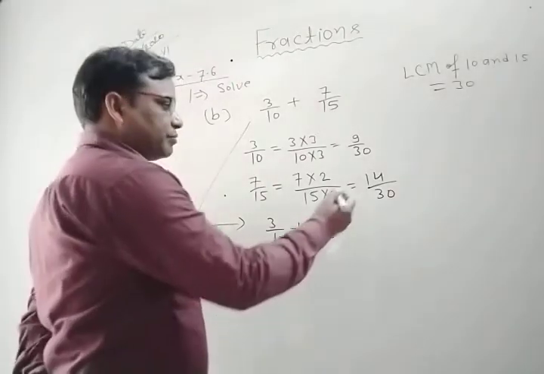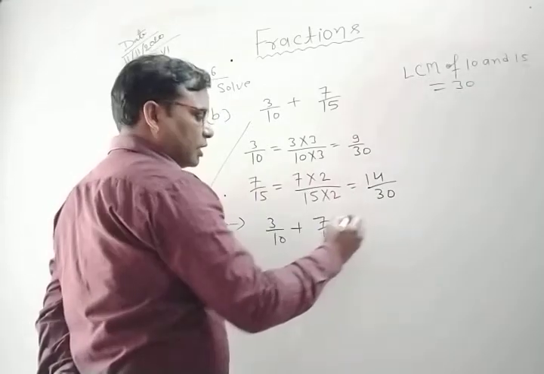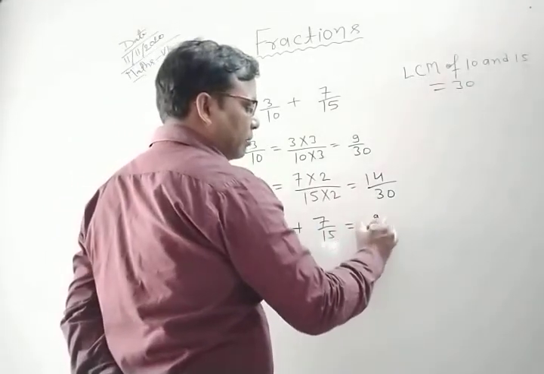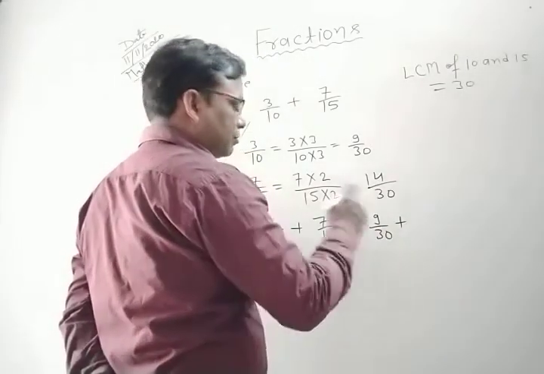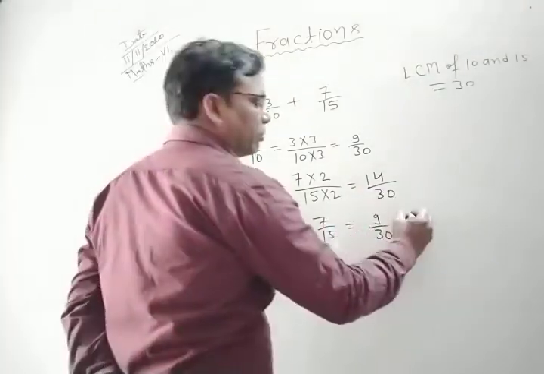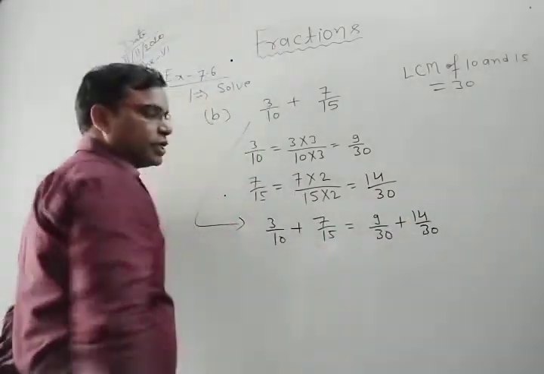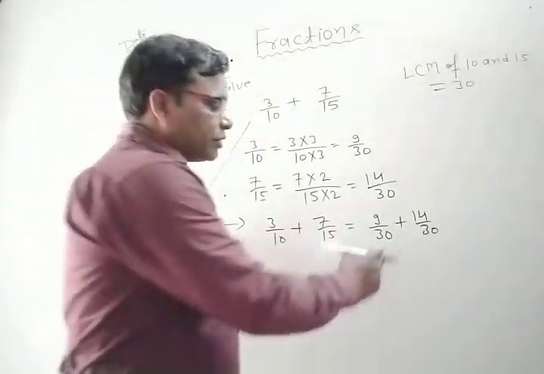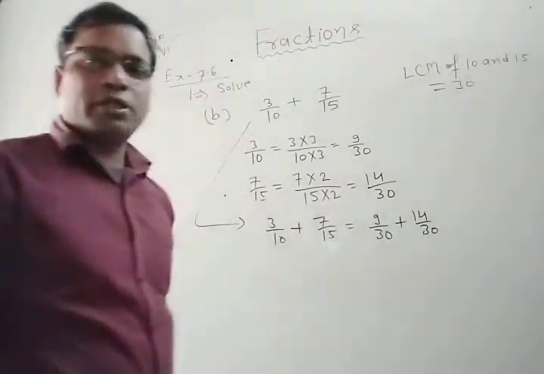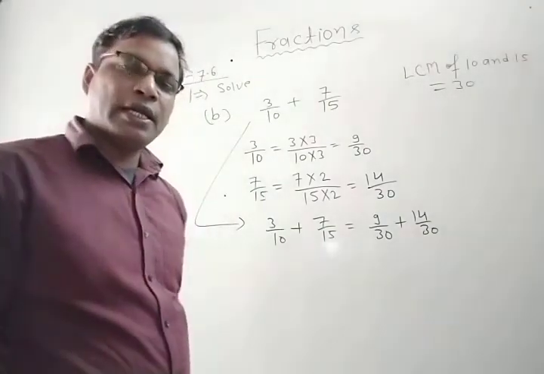So here you can see these are like fractions. We convert 3 by 10 to 9 by 30, and 7 by 15 is equal to 14 by 30. Both are like fractions, so addition is possible here because the denominator of both fractions is 30.